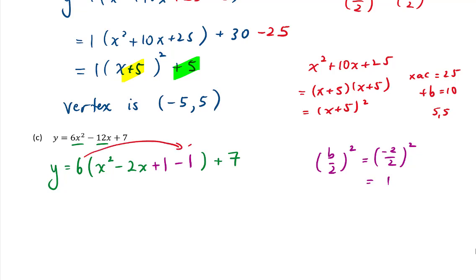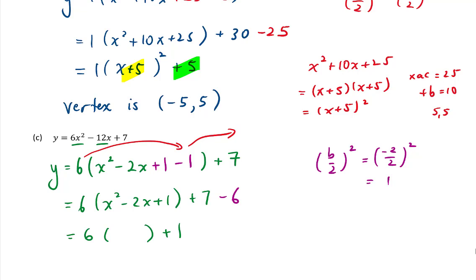Again, we're going to kick out the negative constant. So we get 6 times (x squared minus 2x plus 1). We kicked out the negative. That's 6 times negative 1, which gives me minus 6. And finally, we're going to factor and collect our like terms. And we're going to factor this time x squared minus 2x plus 1.